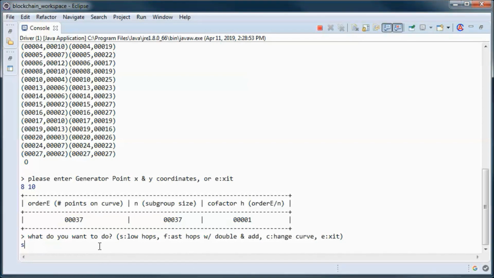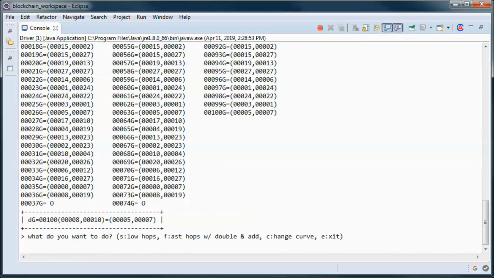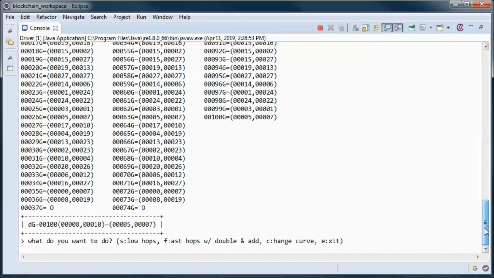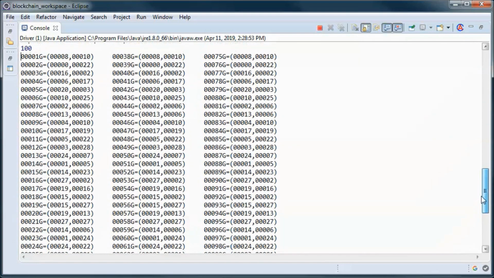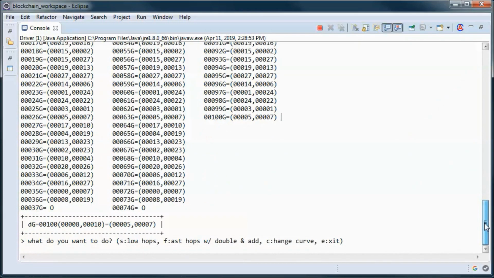So if we do slow hopping, and maybe 100 hops, so at the 100th hop we end up at this point, 5, 7.